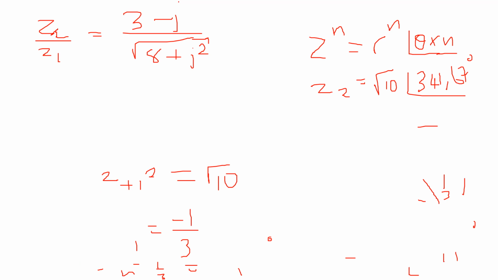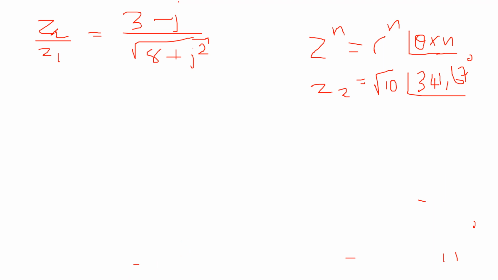Let me just erase here. So secondly, we can simplify z1. So z1 is equal to the square root of 8 plus j2. But remember, square root means it's an exponent of half.